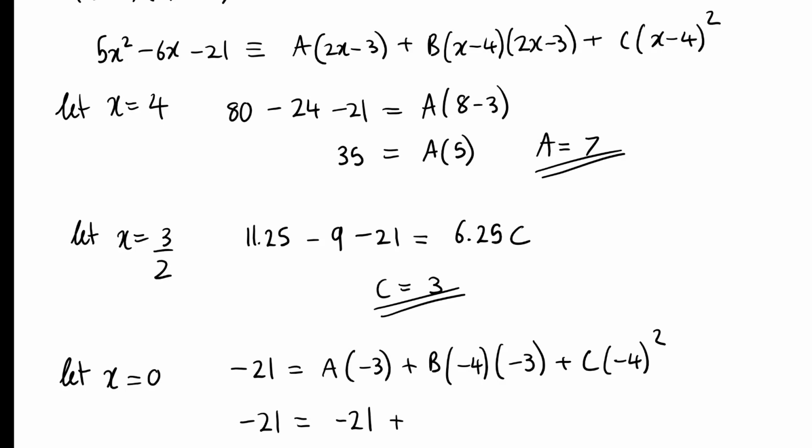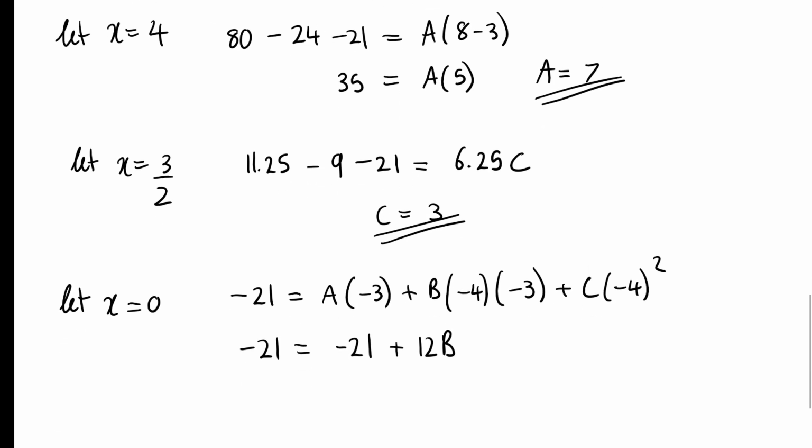We don't know b, so we've got 12b, minus 4 times minus 3, and then plus 16c. c was 3, so that's 48. Minus 21's on both sides cancel, leaving minus 48 is equal to 12b.